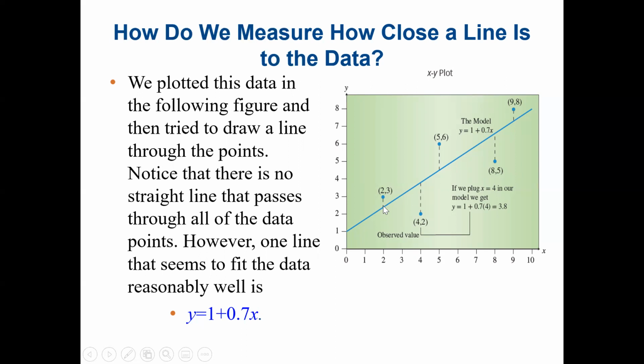And then the point vertically on the line will be the predicted y value. So the difference between the two will give us the error. So here we are saying the observed values are the actual points and the predicted values will be on the line. So for each point we have a vertical line to the best fit line. So that is the concept here.